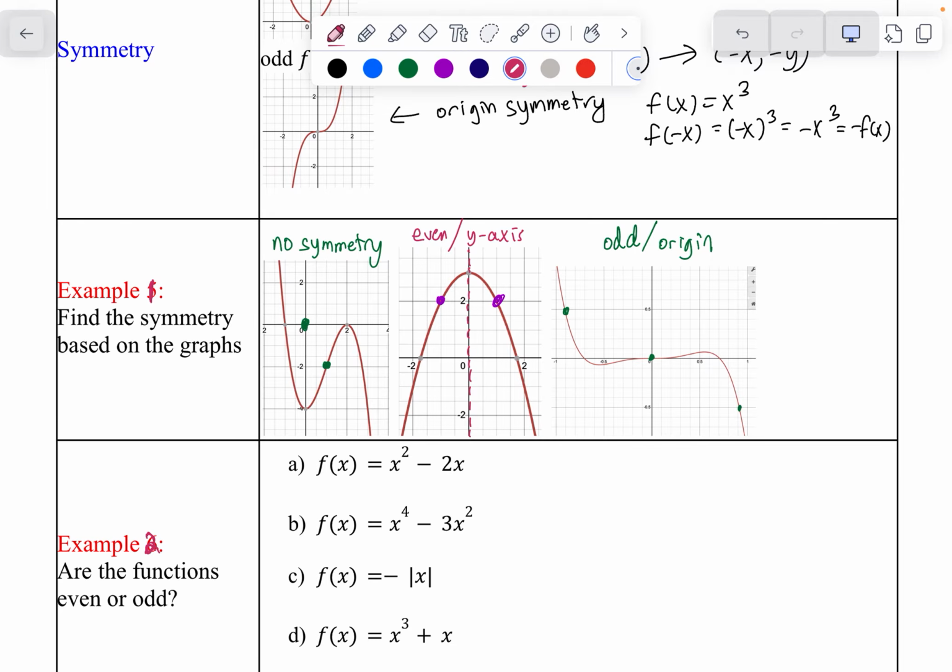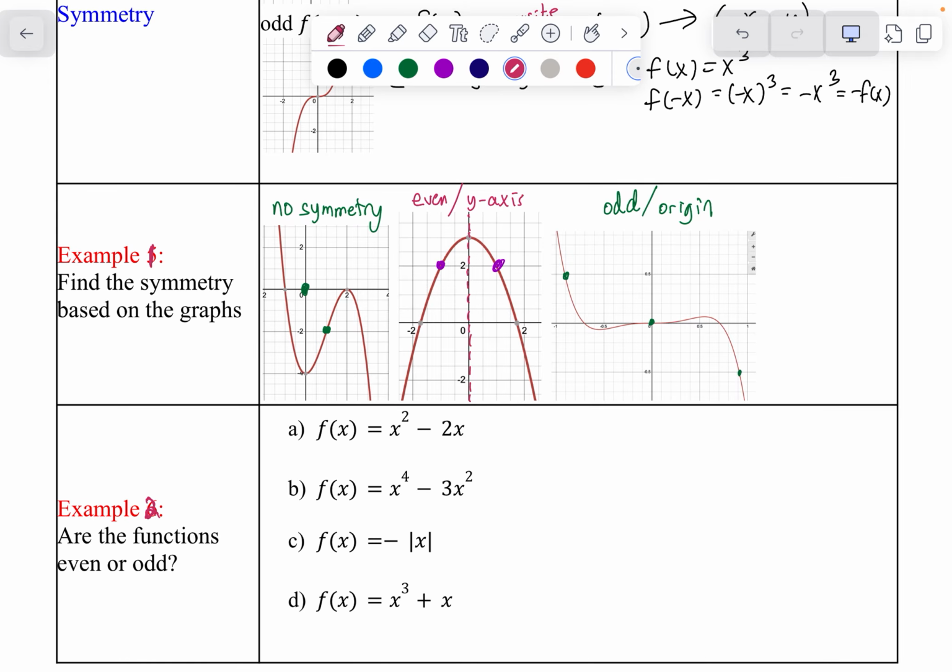Here's what we're checking for. Remember, if we stick in -x and it goes right back to the way it started, it's even. If we stick in -x and it becomes the opposite of what we see, then it is odd.